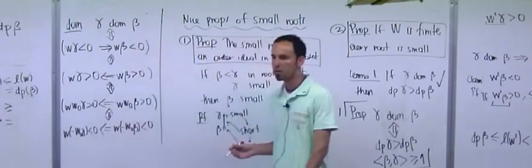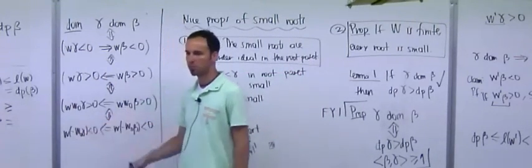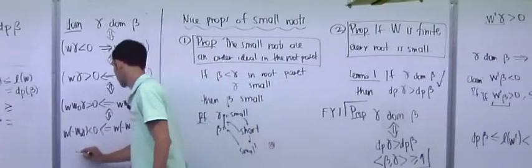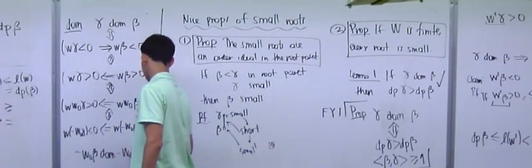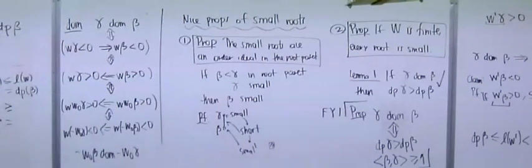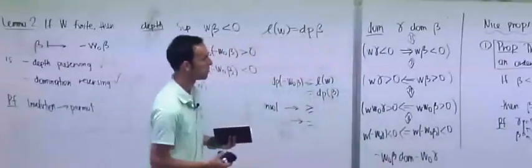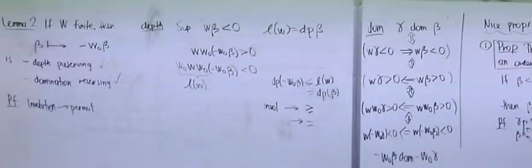Okay. And what I just proved is that minus W naught beta dominates minus W naught gamma. So that proves that this map is domination reversing. Okay. And with this information, it's now very easy to prove my proposition.